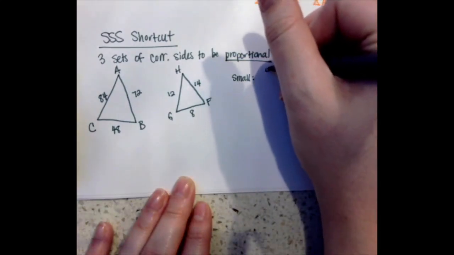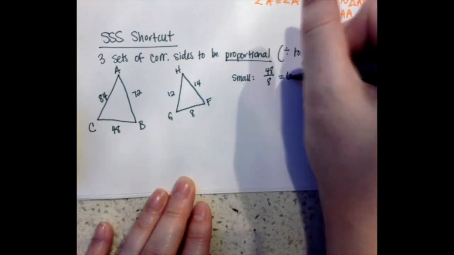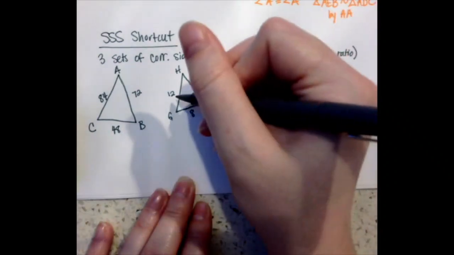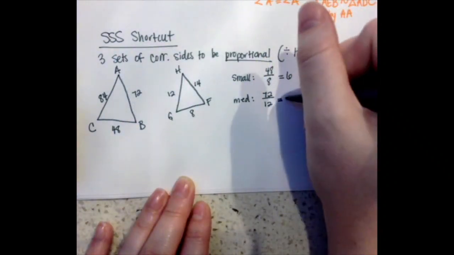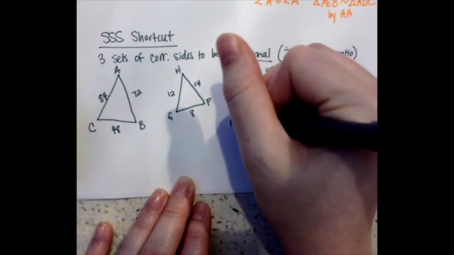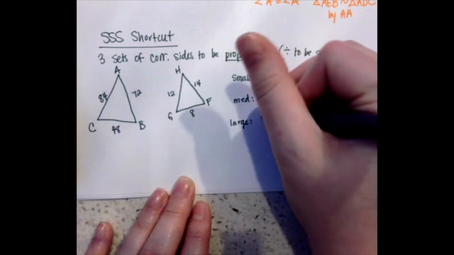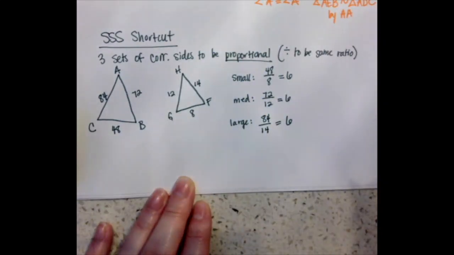So we can have 48 over 8, which gives me 6. Our medium sides are 12 and 72, so 72 over 12 is 6. And our large sides are 14 and 84, which also gives me 6.